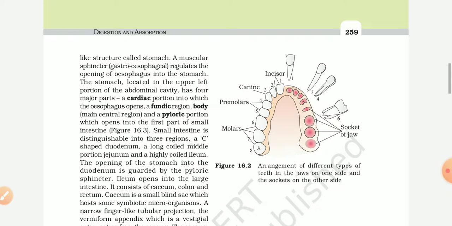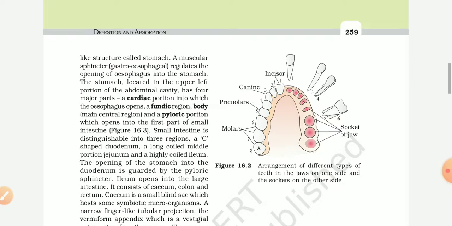The cardiac portion is where the esophagus opens. The stomach leads to the small intestine, which leads to the large intestine.